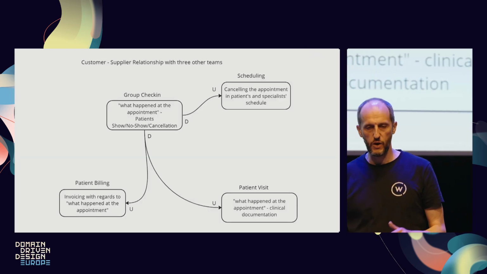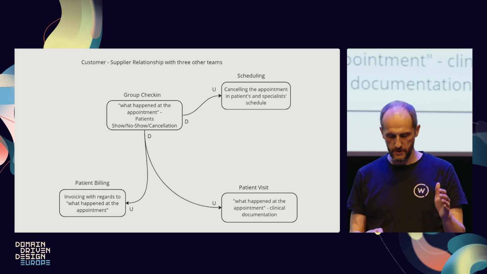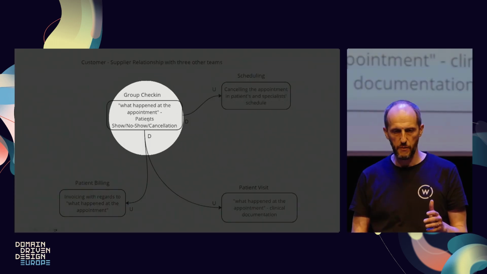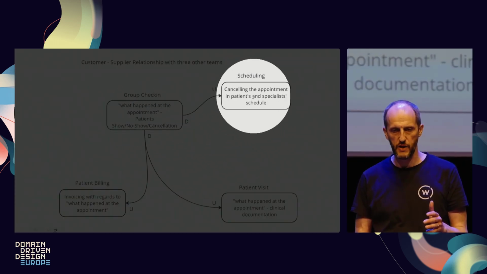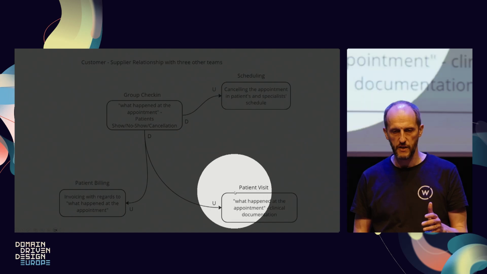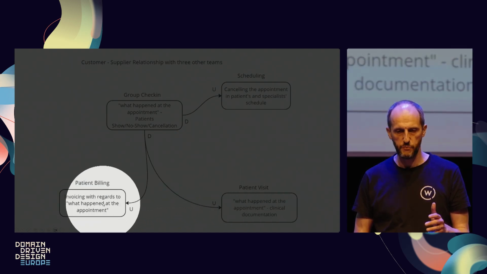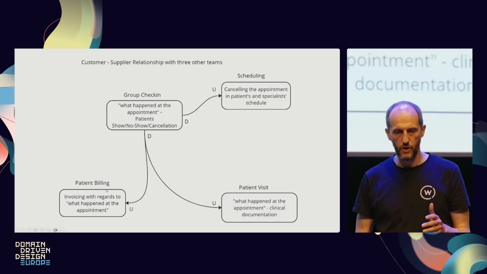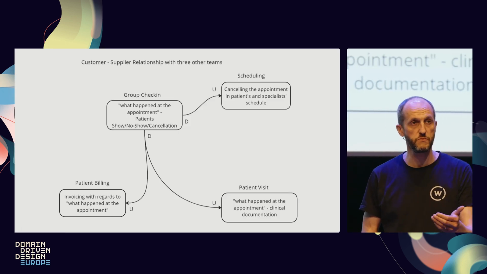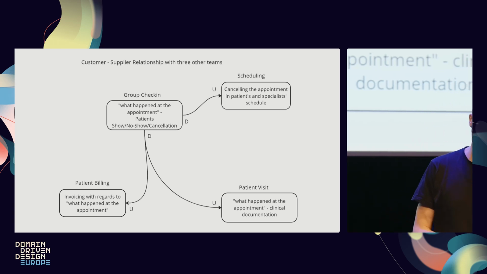Okay, so we are the downstream team. We have 3 upstream relations: scheduling, patient visit, and patient billing. So we establish a customer-supplier relationship. We go to them, we negotiate.